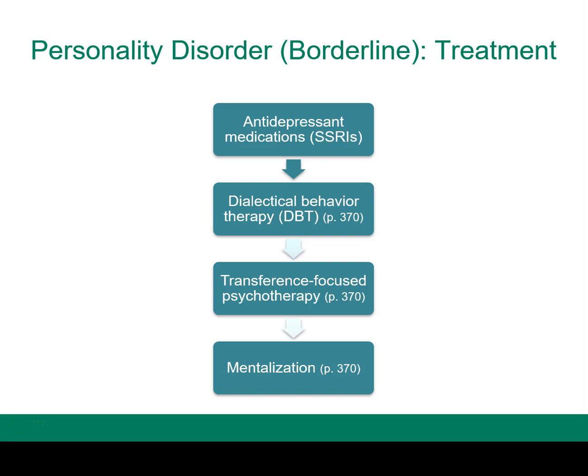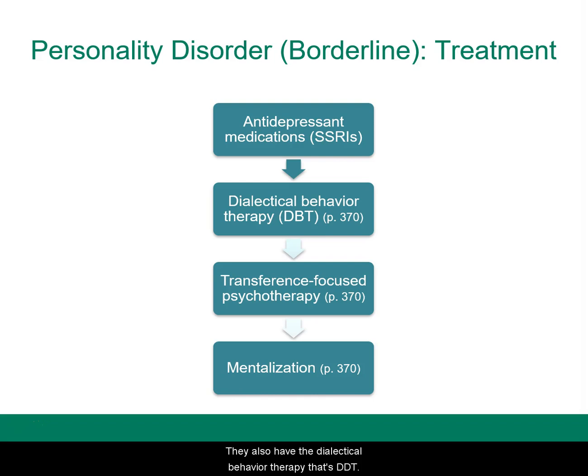Okay. Now here's some of the specifics I was telling you about with borderline. Treatment, antidepressants, so there again the SSRIs, serotonin selective reuptake inhibitors. These are going to be increasing serotonin.